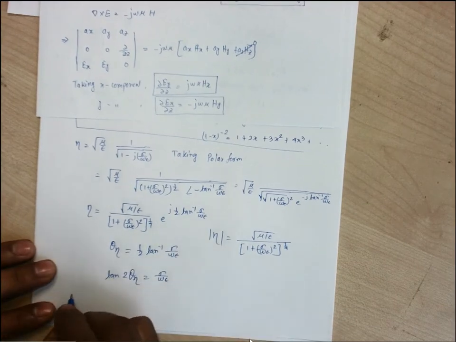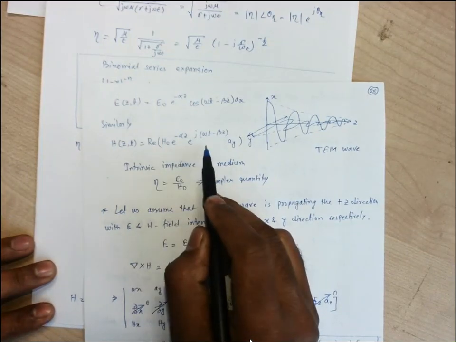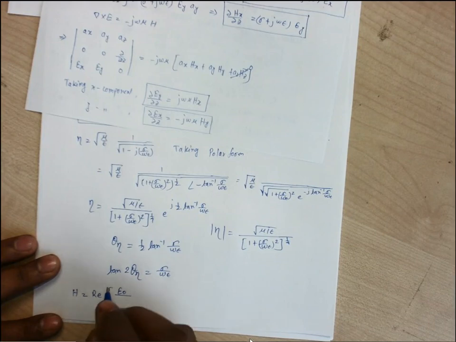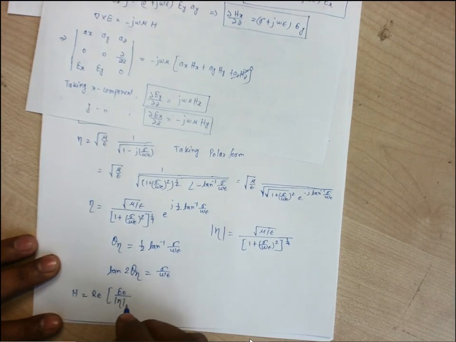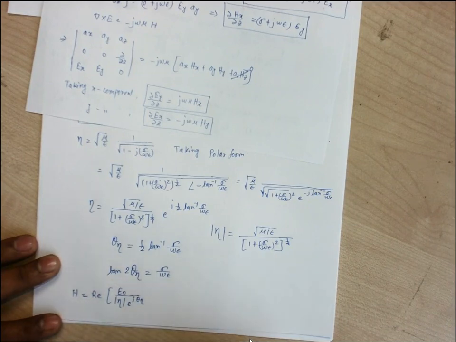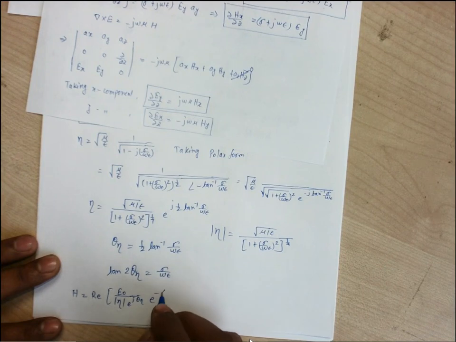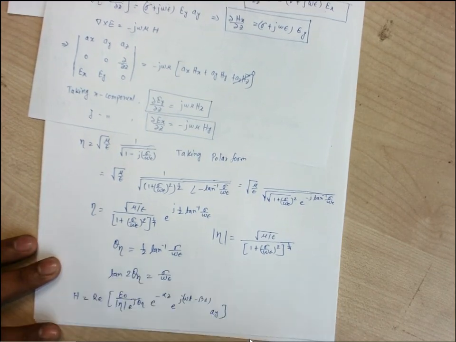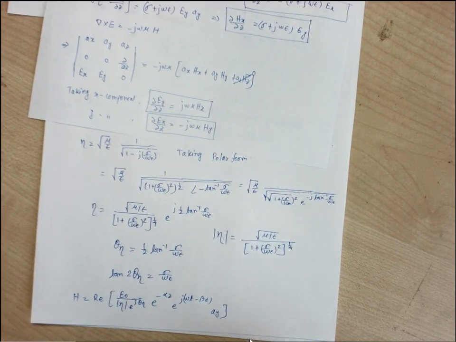For this H, I am just writing for this H. This is the expression of the H. So we can write like this: real of E0 by eta, that is mod value plus certain angle related with that, theta eta, e to the power minus alpha z, e to the power j omega t minus beta z, ay. Fine.